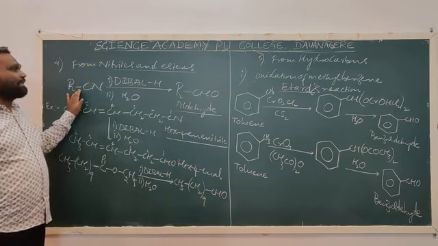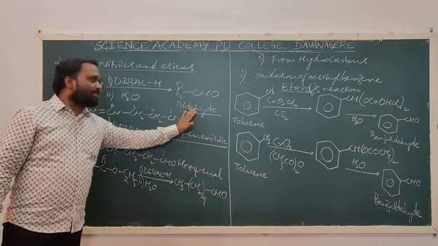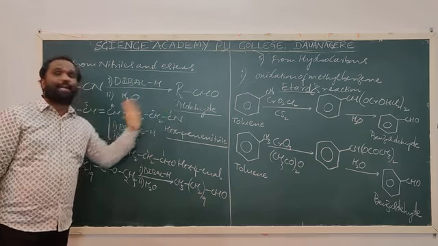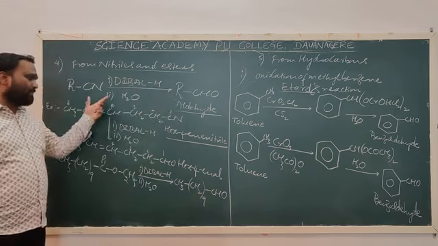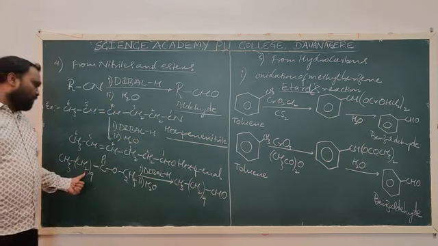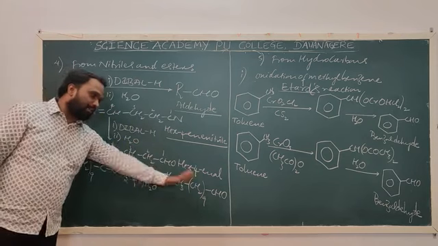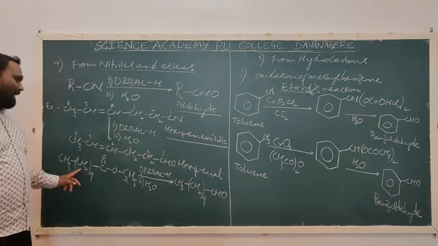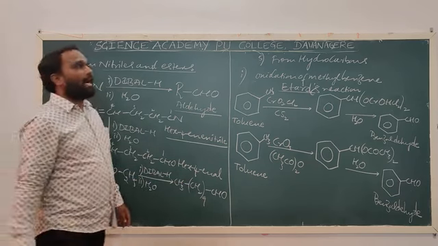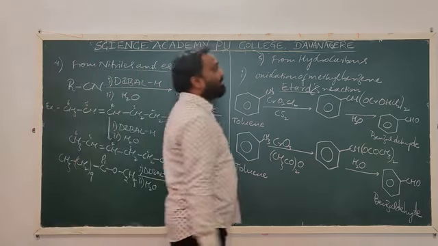Using the same reactant, we get the same product by using a different reducing agent. That is the only difference here. So esters can also be converted into aldehydes by using the reducing agent diisobutyl aluminium hydride.